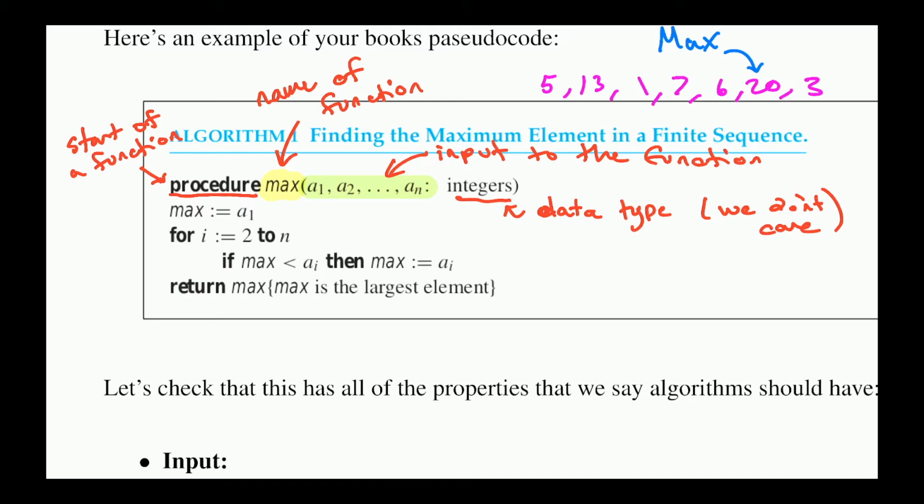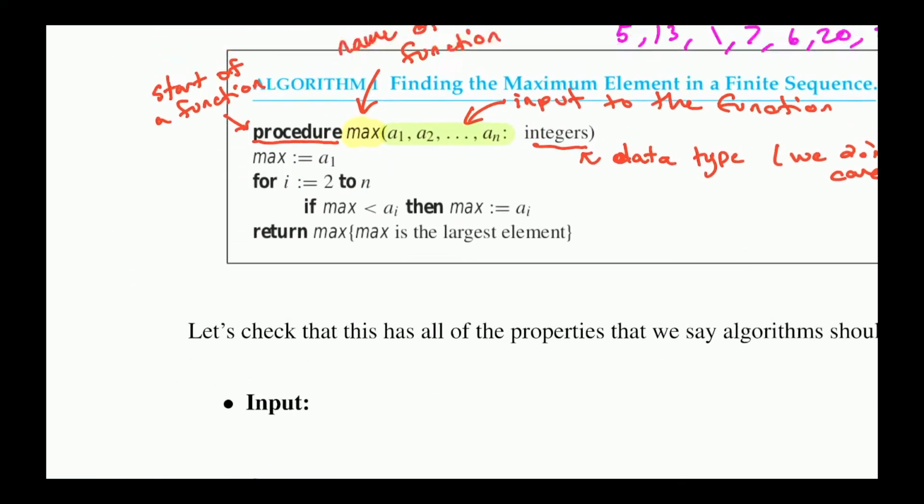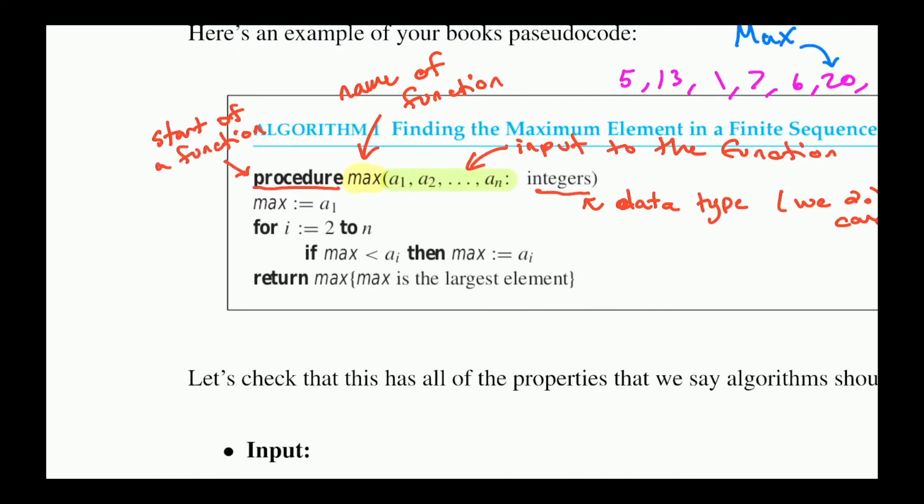So what can we say about this? So a couple of things. First of all, if you look here, this right here where it says max colon equals A1, that's how they write an assignment. So they are setting max equal to A1.